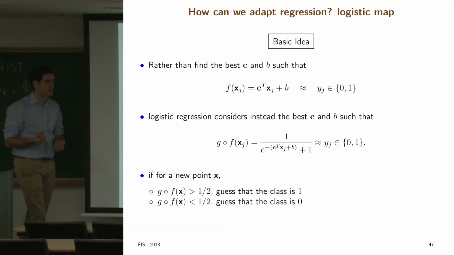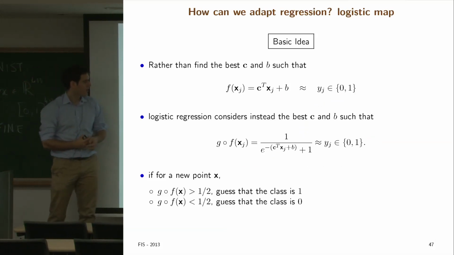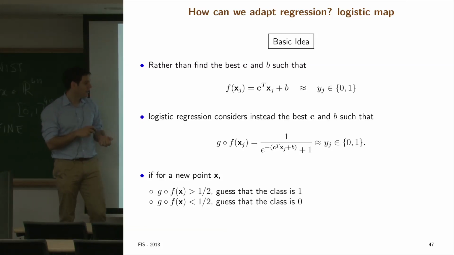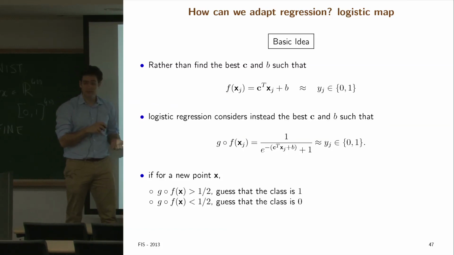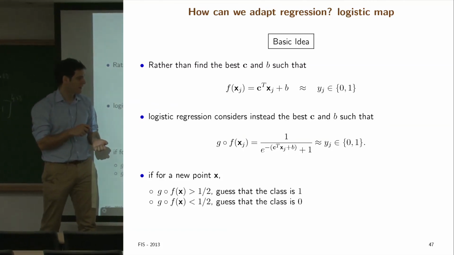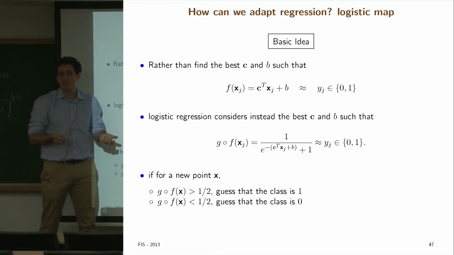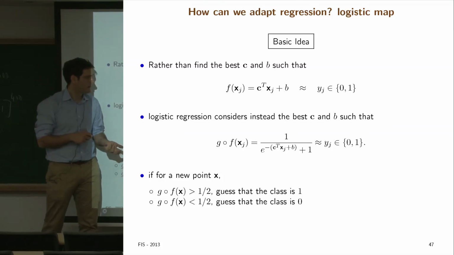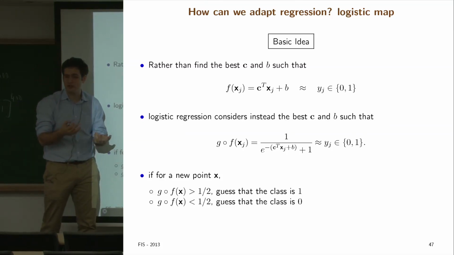So what is the basic idea of logistic regression? Well, if you just directly apply regression to a classification problem, you will work hard to find a C and a B, which I would call alpha in the regression setting, that approximate 0 and 1. But we know this is pretty much impossible in many cases, because if you take the dot product of two vectors, there's no reason they should be bound between 0 and 1.